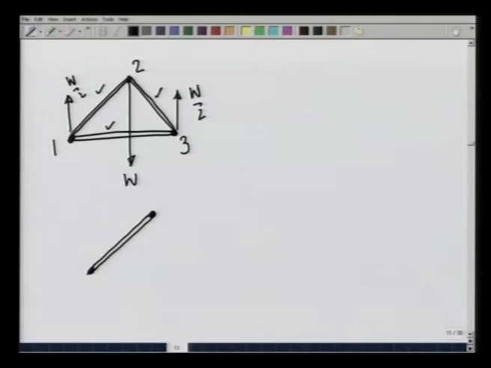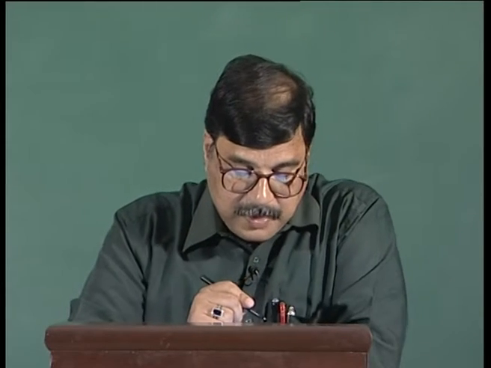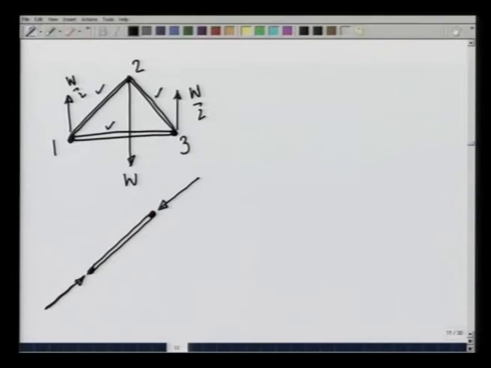So, in this case there will be a force on this acting this way, and there will be a force acting on it this way at these 2 points. This is the only way these two forces can act, otherwise the body will not be in equilibrium.